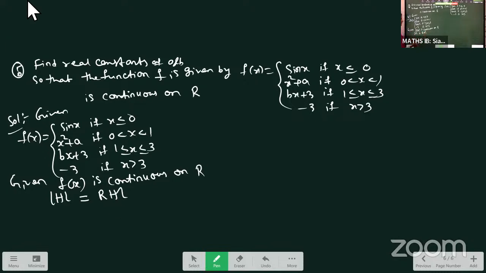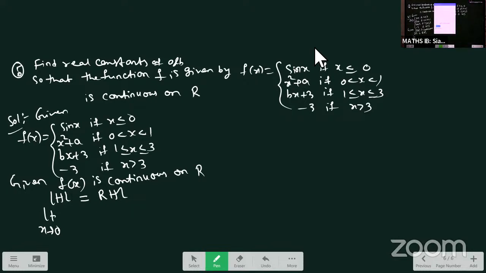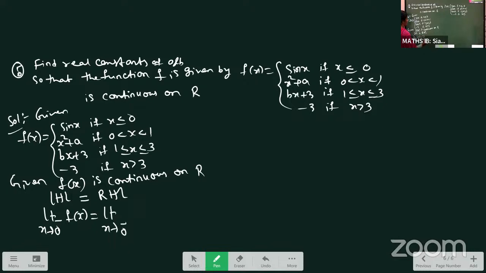At what point do we have to take the left hand limit? So limit x tends to 0. Left hand limit means limit x tends to 0 minus f of x is equal to limit x tends to 0 plus f of x.